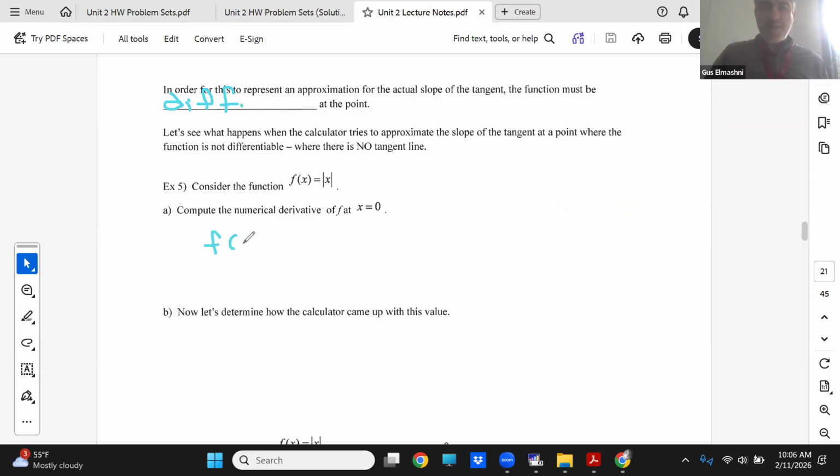It's going to do this, which is going to wind up being 0.001 minus, what's after that, negative 0.001?